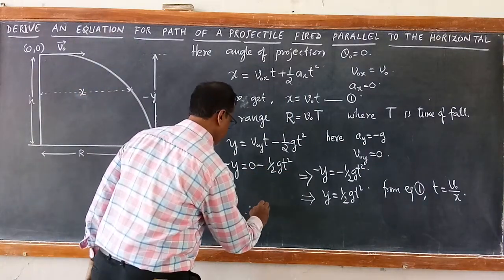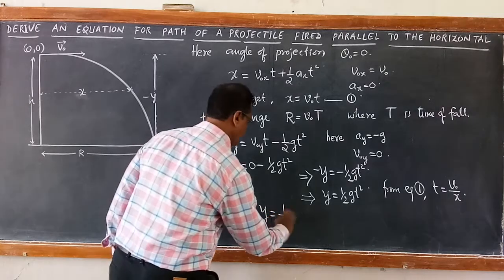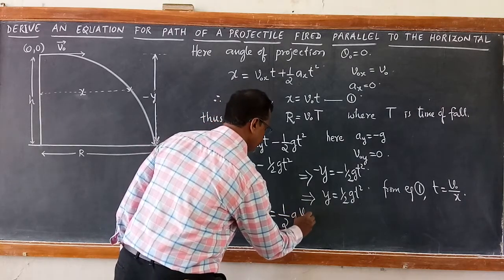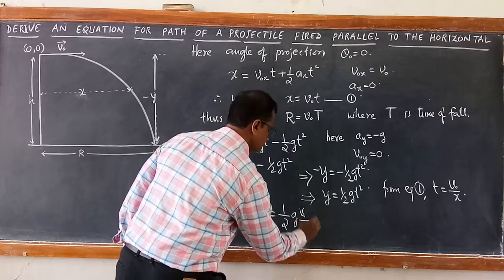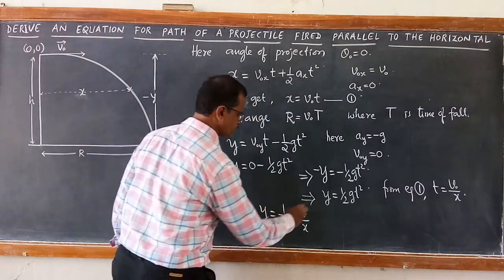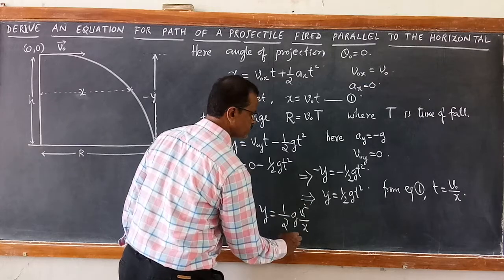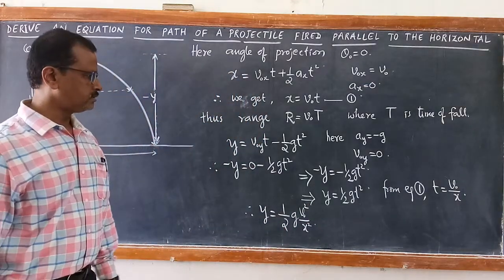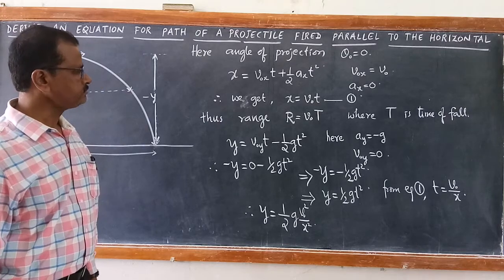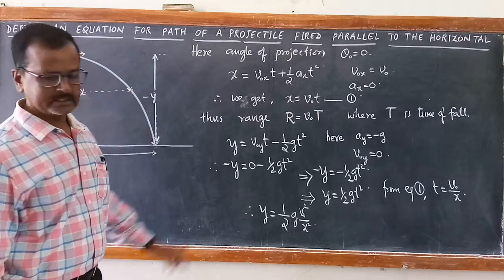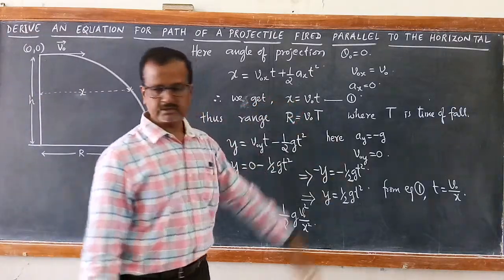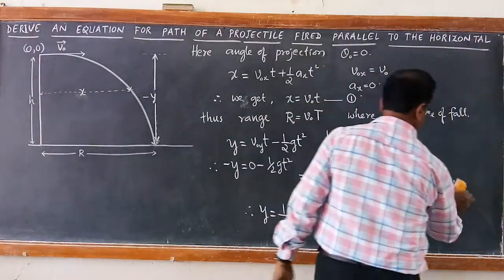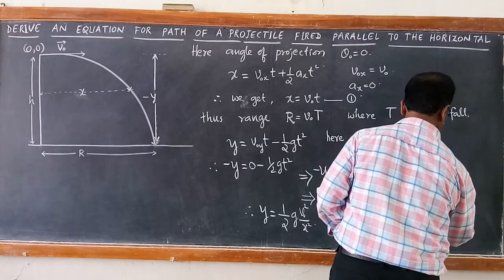Therefore, y becomes equal to half g into x by v naught whole square.